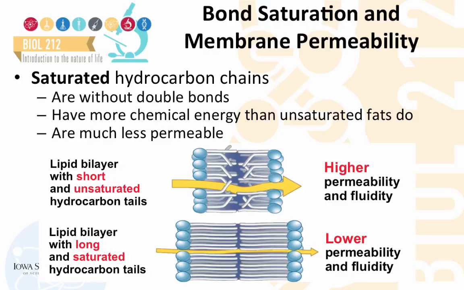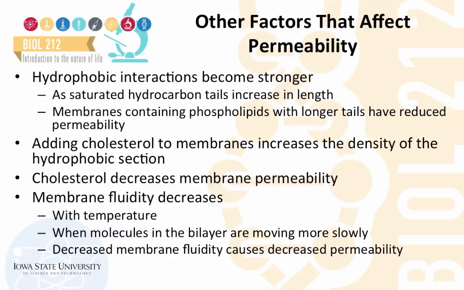Saturated hydrocarbon chains that are part of phospholipids in a lipid bilayer lack double bonds and thus kinks in their hydrocarbon chains, and as a result pack more tightly, leading to a decrease in permeability and fluidity of the membrane. The presence of long saturated hydrocarbon tails leads to stronger hydrophobic interactions between the tails of phospholipids within a membrane, reducing the permeability of the membrane.